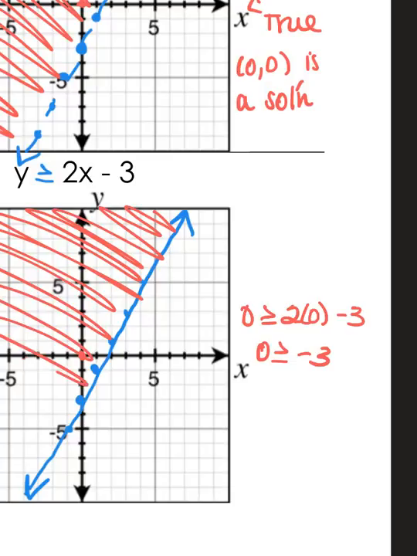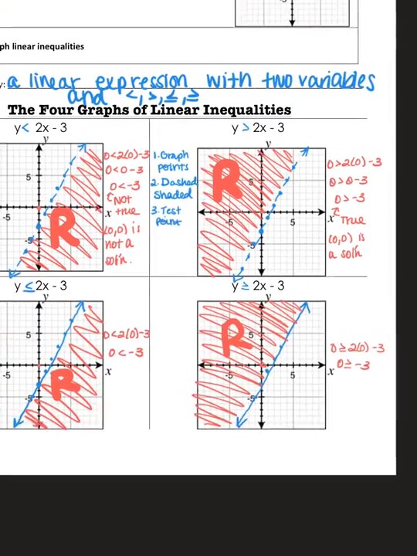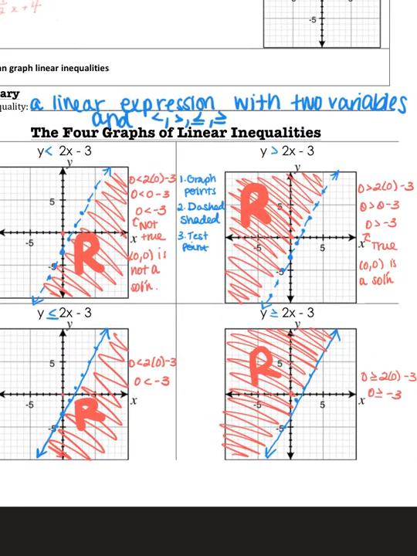So I shade the region with my test point and put an R. So those are our 4 different types of graphs, and you can see the differences, whether it has dashed lines or solid lines, and then also look at how the shading is the same or different between the different graphs.